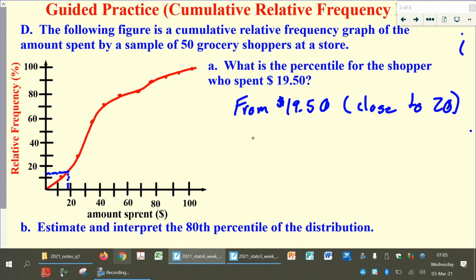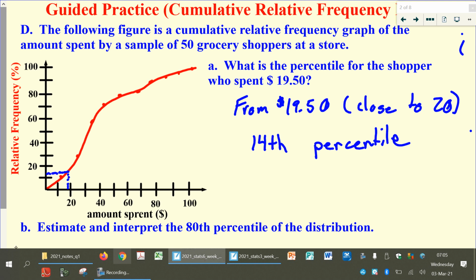It looks like we're at the 14th percentile. $19.50, not a lot of people are spending that money, and not a lot of people are spending less than that money. So 14th percentile.